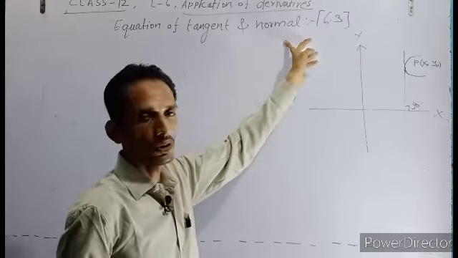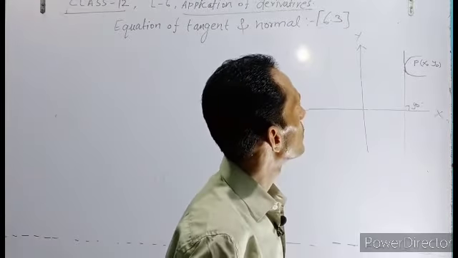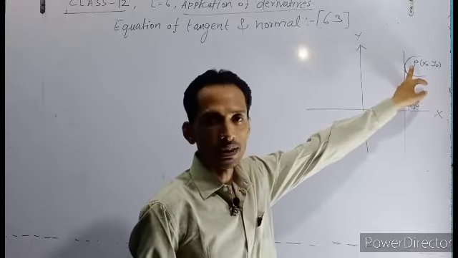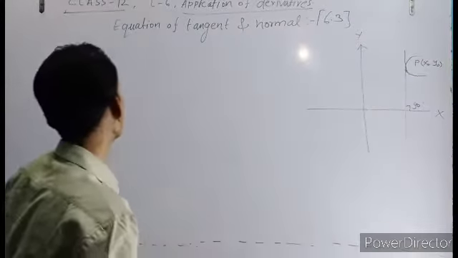Now come to the equation of normal. What is the normal? The line which is perpendicular to the tangent at the point of contact is called the normal.